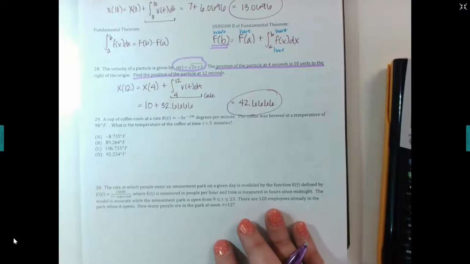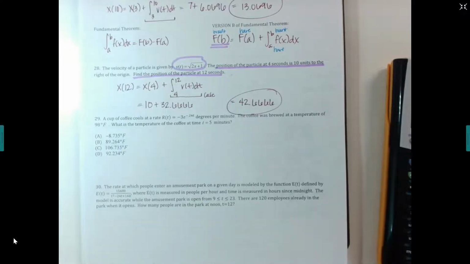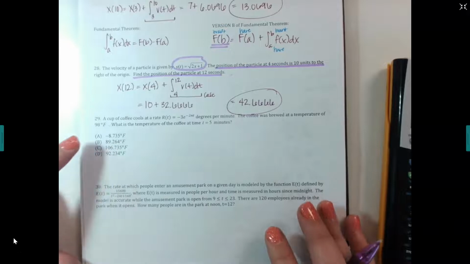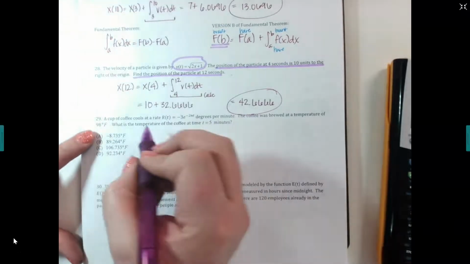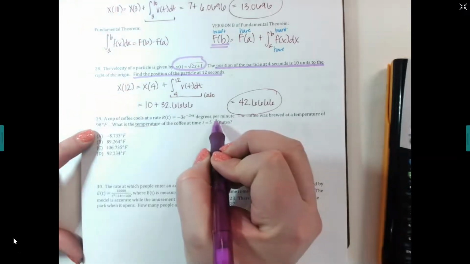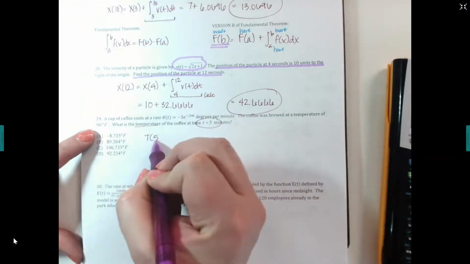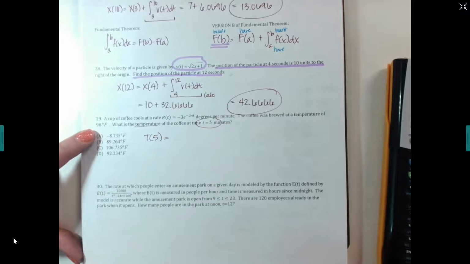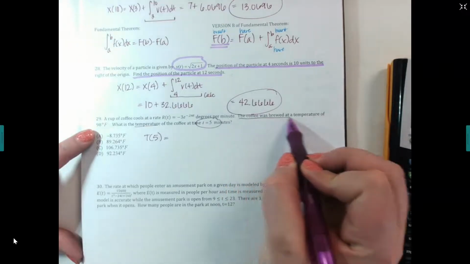That's allowed. Okay, number 29. Okay, when is the temperature that I want? I want the temperature at 5 minutes. 5. When do I know the temperature? At 0. Okay, look, it says the coffee was brewed.